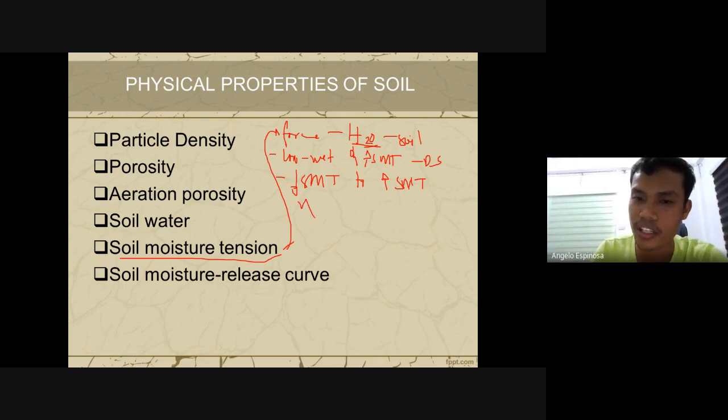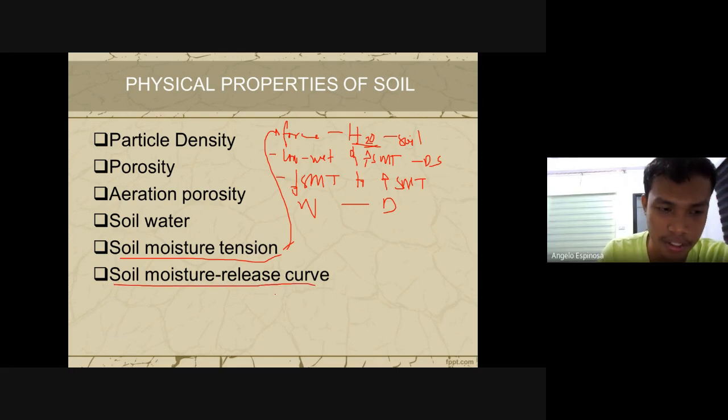So, that is soil moisture tension. We are talking about forces. Next, the soil moisture release curve, which is a graph.